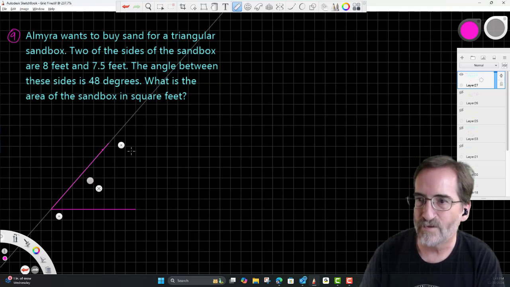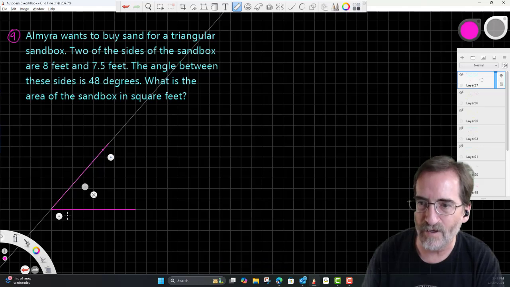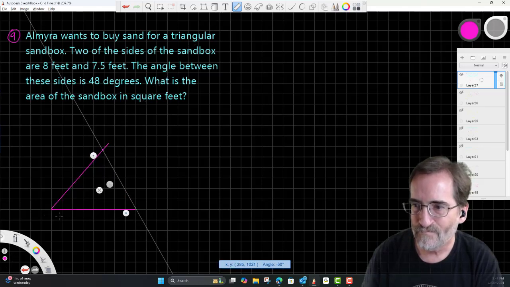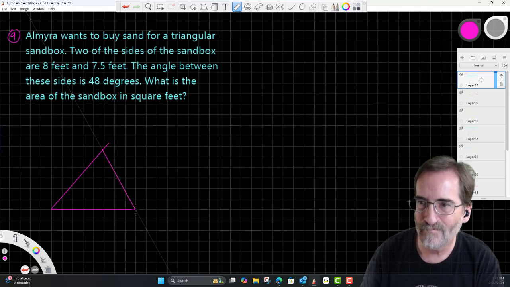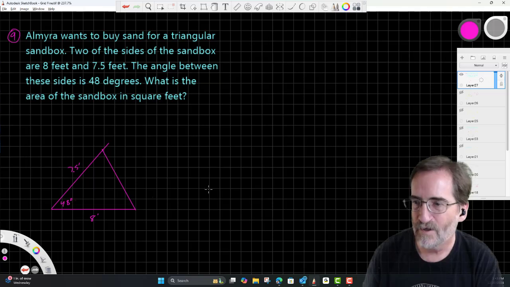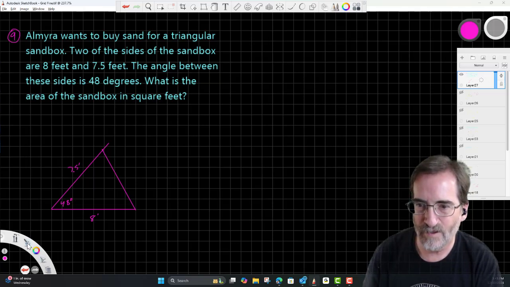And draw the third side. So the sandbox looks something like this, where this is 8 feet, this is 7.5 feet, and this is 48 degrees. And we're looking for the area of the sandbox.